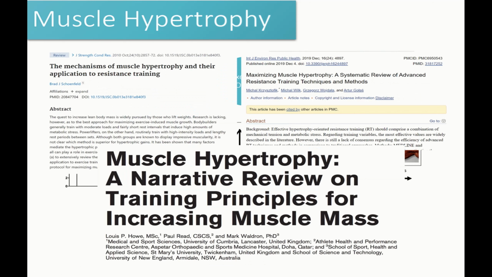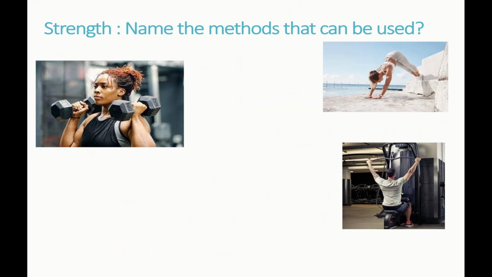As you can see, here are some of the research articles relating to hypertrophy, and just a few ideas to get the ball rolling if you are going to do some reading outside of this lecture. So the previous slide, on muscle hypertrophy, I appreciate doesn't explicitly relate to strength.